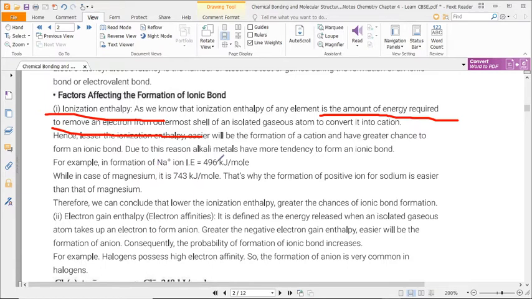For the sodium atom, you have to supply an energy of 496 kilojoule per mole to remove one electron and make it Na plus. Similarly, in the case of magnesium, you have to remove 2 electrons, so 743 kilojoule per mole energy is to be given, and that is called ionization enthalpy. The lesser the ionization enthalpy, the more easily the bond can be formed.